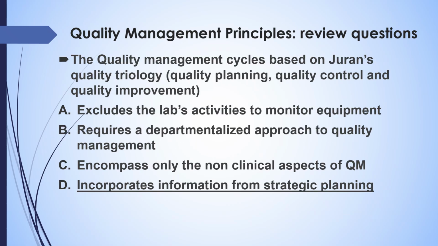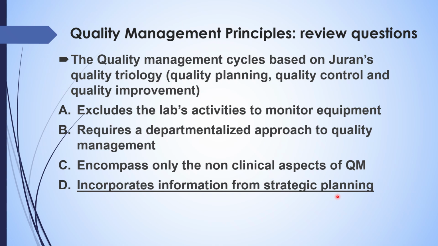Okay. Then the quality management cycle based on Juran's quality trilogy, that is quality planning, quality control, and quality improvement. The options are: exclude the lab's activities to monitor equipment, requires a departmentalized approach to quality management, encompasses only the non-clinical aspects of quality management, and incorporates information from strategic planning. So in quality management cycles, which one is the correct answer?